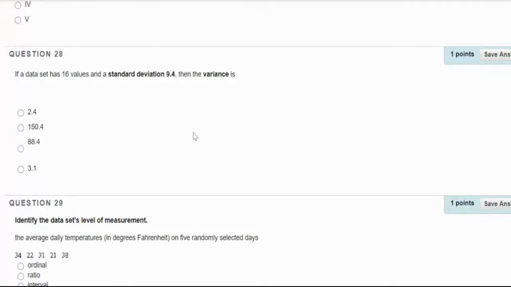Okay. In this question, they gave you the standard deviation and they're asking you for the variance. Now note that there are two formulas you have to know. Standard deviation is equal to the square root of what? Variance. However, variance is equal to standard deviation squared.